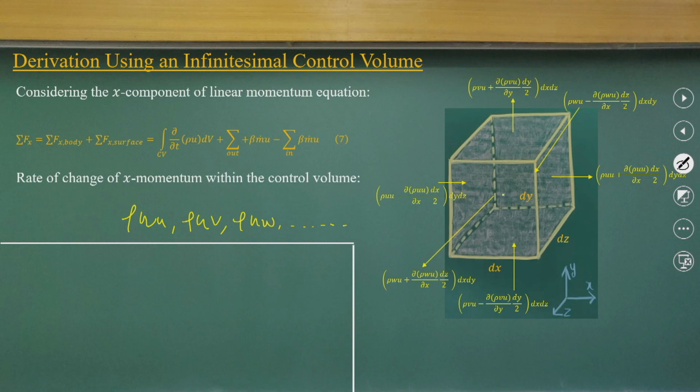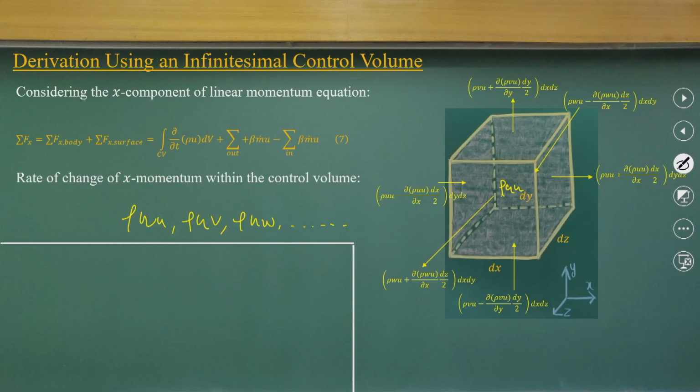If I define the function's behavior at this point, rho uu, I am putting it in one dimension, taking these 2 surfaces. So my rho uu at this point is a function of space and time.